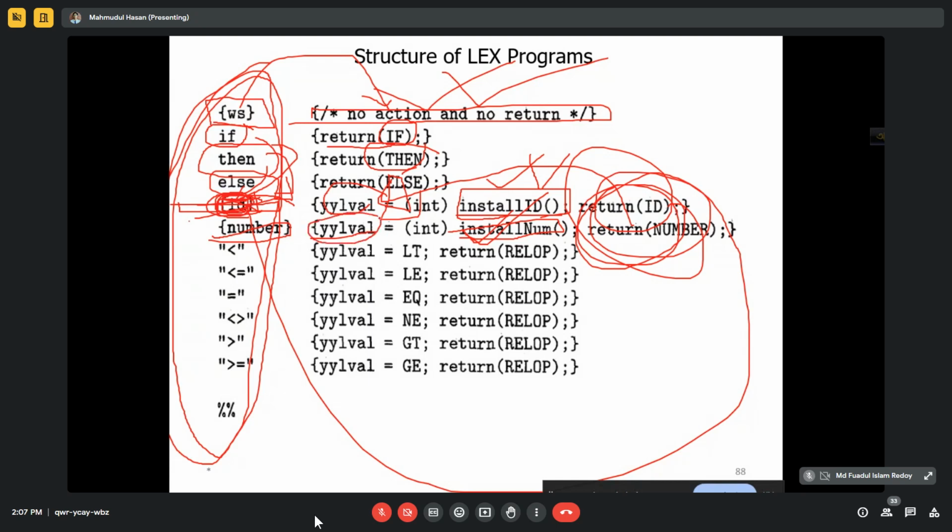That means yylval contains the attribute value and the token name is number. Okay, got it? This one is the attribute value, this one is the token name, and so on. So this is the translation rules section.